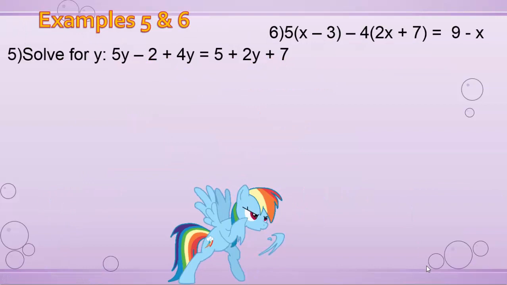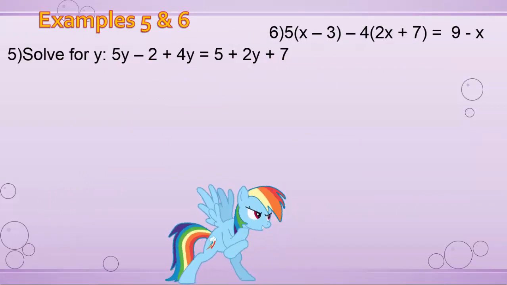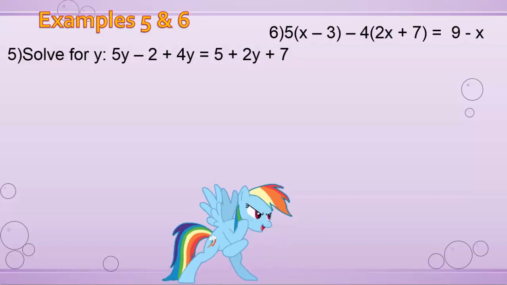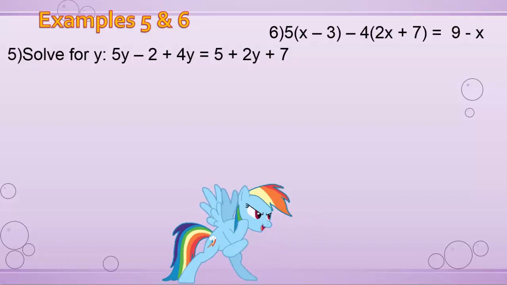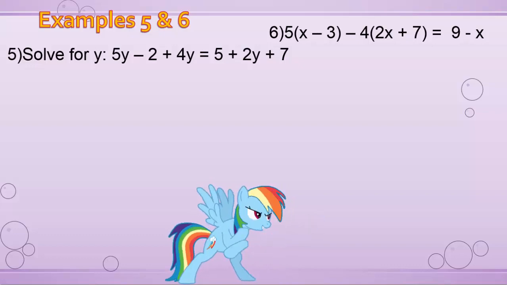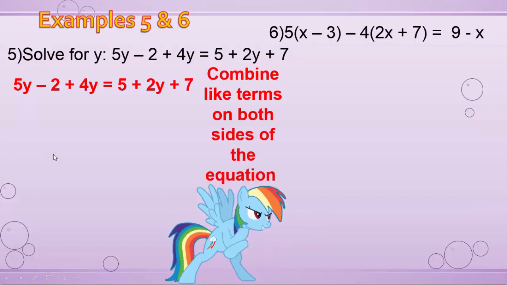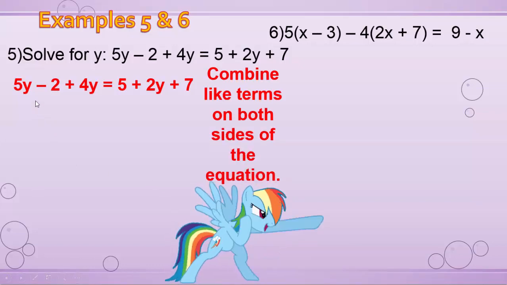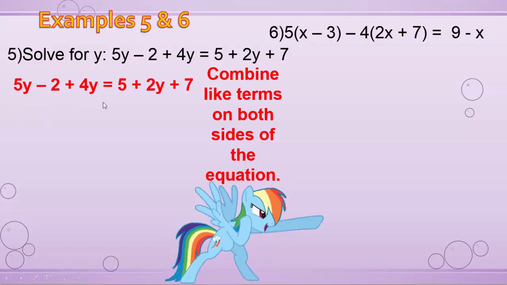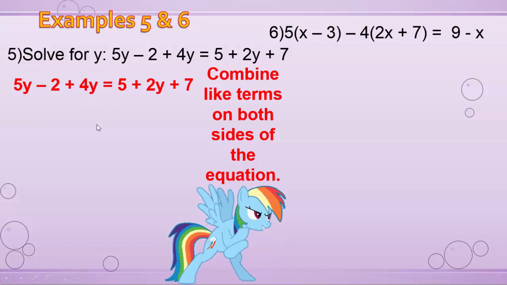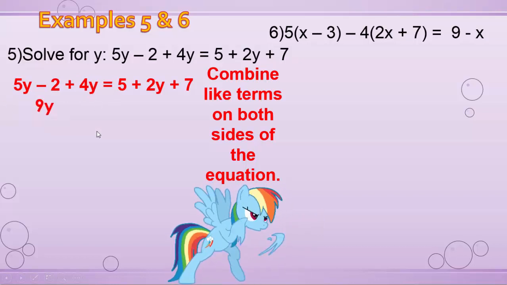In example number 5, we're asked to solve for y, and the equation is 5y minus 2 plus 4y is equal to 5 plus 2y plus 7. So again, here we want to combine the like terms on both sides of the equation. In this case, we have a 5y here and a 4y here, so we're going to combine those two to get 9y.